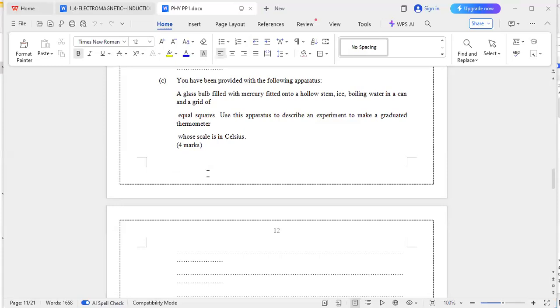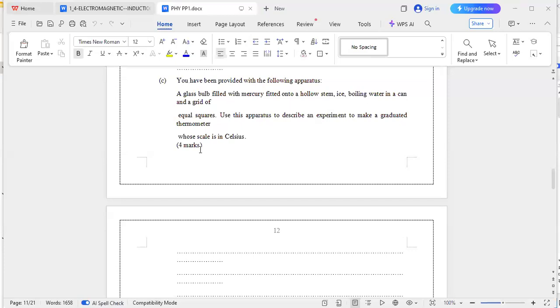So here we will start with finding the lower fixed point. The first thing is we heat the ice and allow it to start melting, because we know ice melts at 0 degrees Celsius.